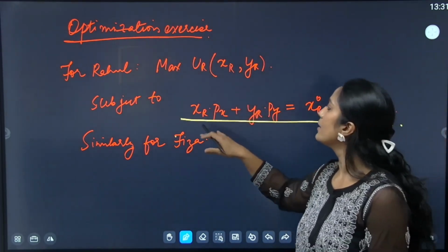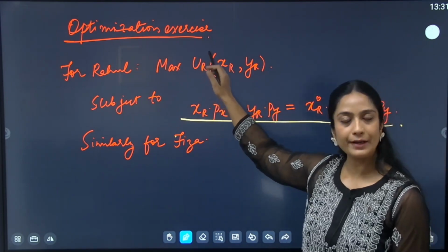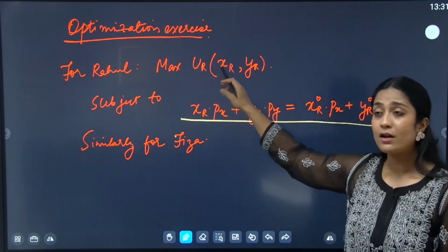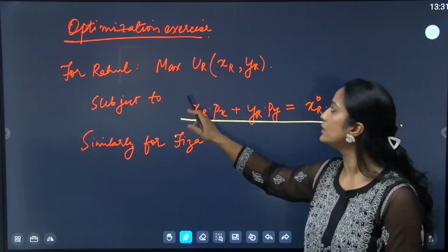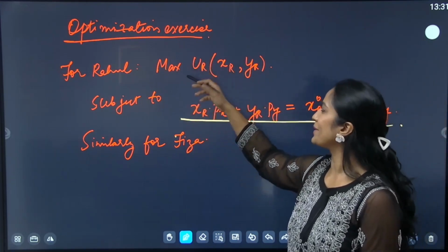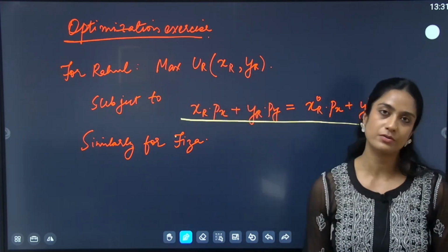We know that this will be solved where the indifference curve will be tangent to the budget constraint, or another way to express it, where the slope of the indifference curve will be the same as the slope of the budget constraint.